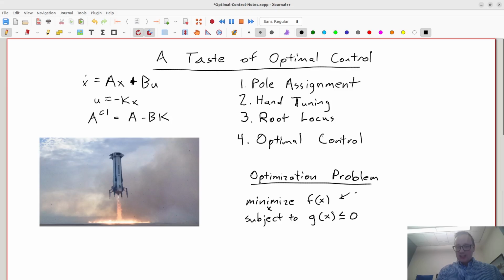So as I said, this is the objective. These are the constraints. And the variables that we get to adjust and change are the optimization variables.